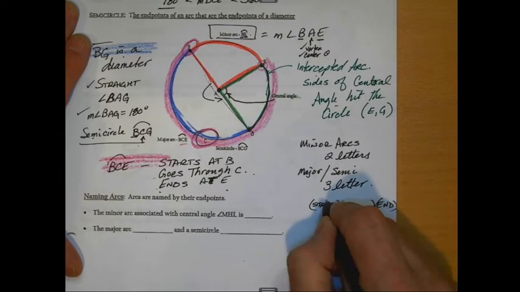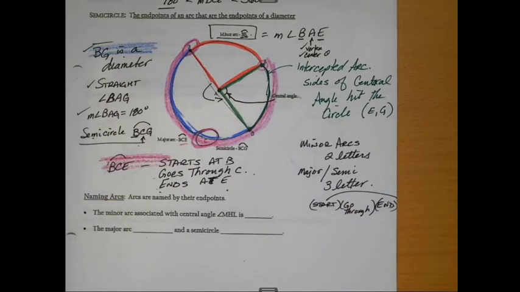That is how you label your arc: the start point and end point are the bookends, and the go-through part is in between.